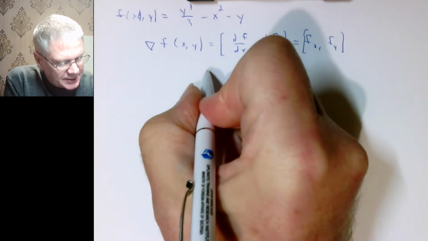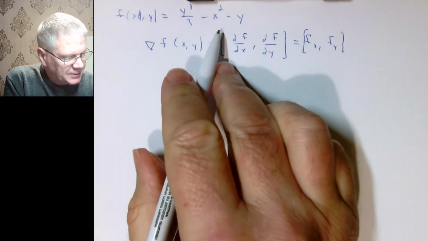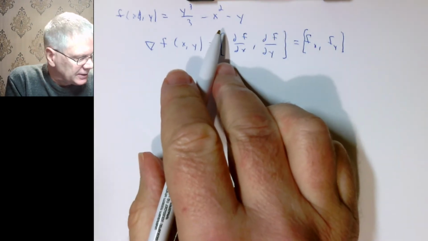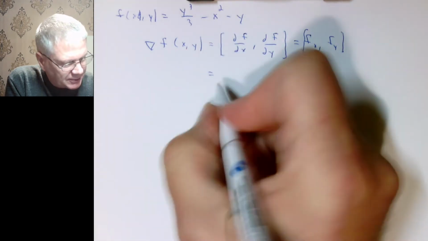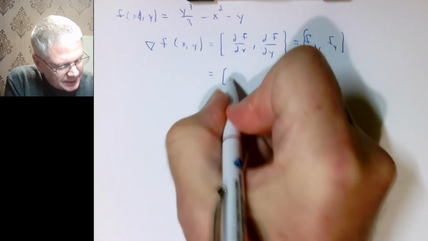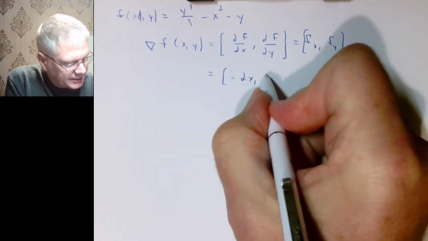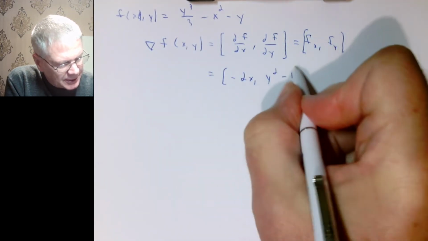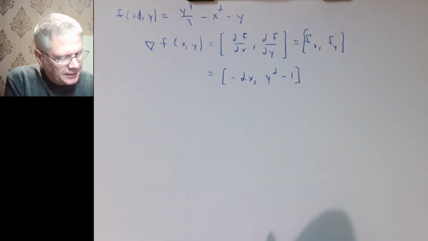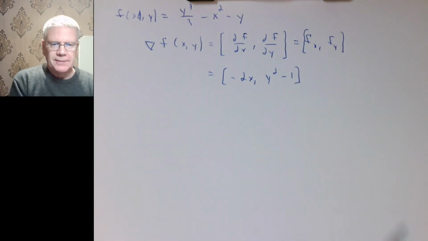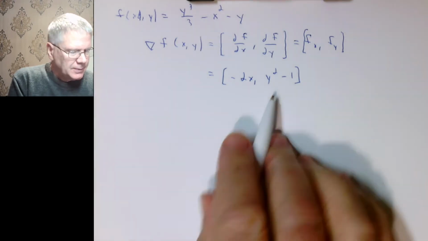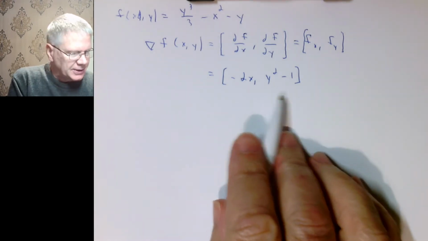And in this case, the derivative of this with respect to x is just minus 2x from the middle term. And y squared minus 1 for the y term. That's the y derivative. We need to set this equal to 0.